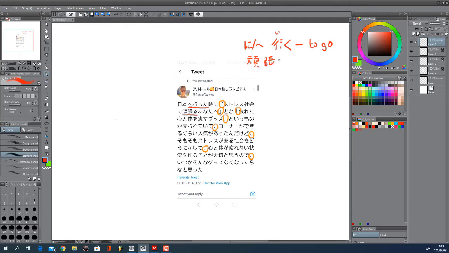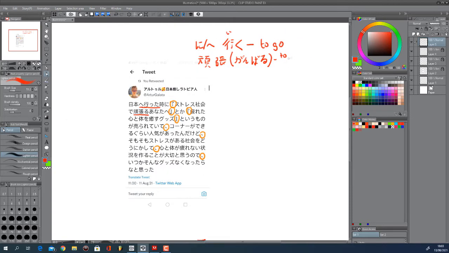It's actually quite bad. So we're going to just put it in brackets because I haven't got any space. 頑張る, which means to, I might just move it across, to do your best. Okay, so there we go. To do your best, ganbaru. So we've got blah blah blah blah.